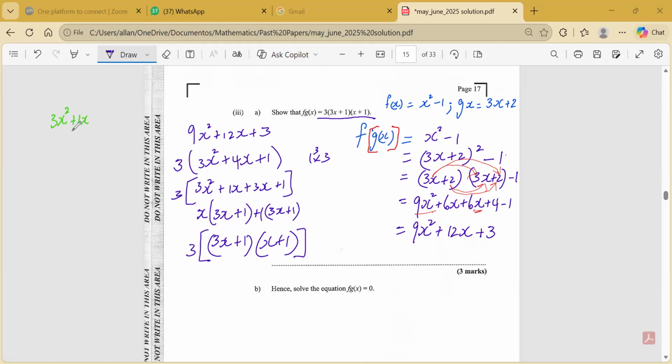You have to know what is common here. What is common here, Anthony? x, sir. So x into 3x squared is 3x. The answer is 3x. x into 1x, x, sir. No, 1.